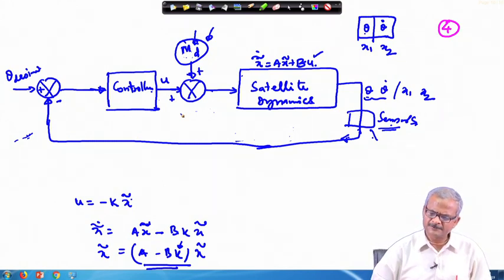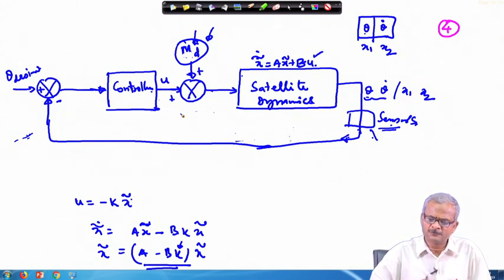This is not a control design course, and therefore we are not discussing those issues, but how to go about doing all these things you can carry out using this kind of block diagram.